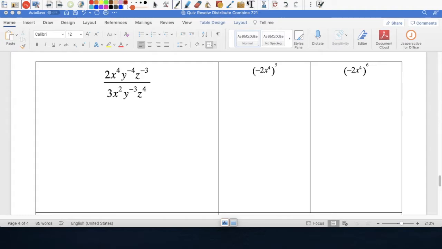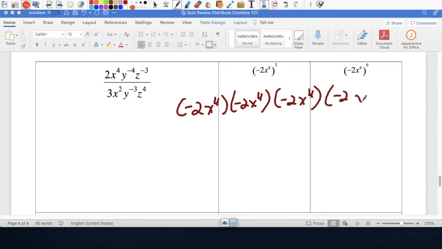Pay attention to this problem, because this might be where you will lose a point. This is to the fifth power. So if you think about this, let me expand it out. It's negative 2x to the fourth, negative 2x to the fourth, negative 2x to the fourth, negative 2x to the fourth, negative 2x to the fourth, right?